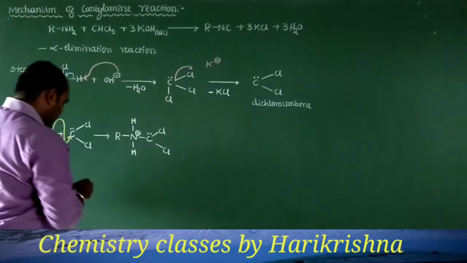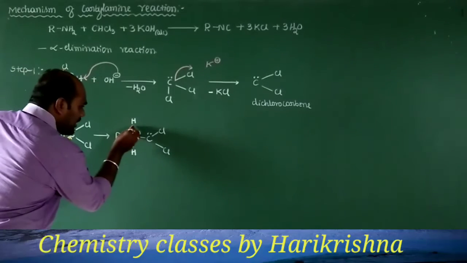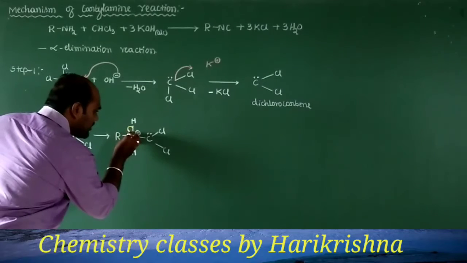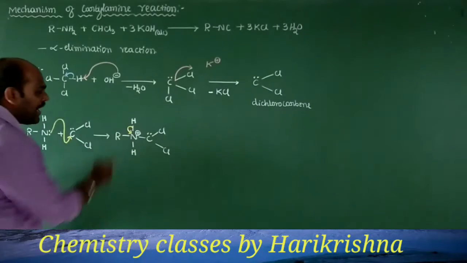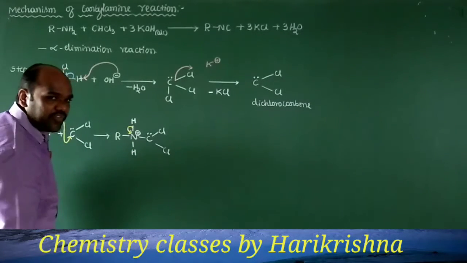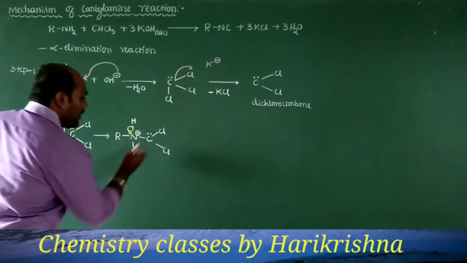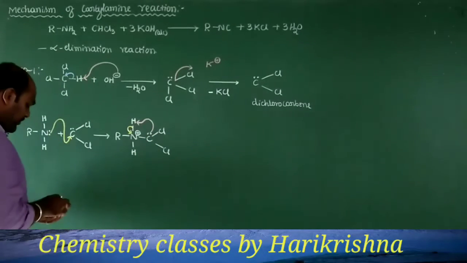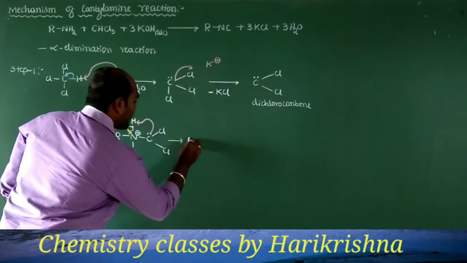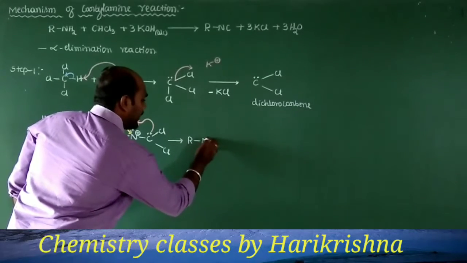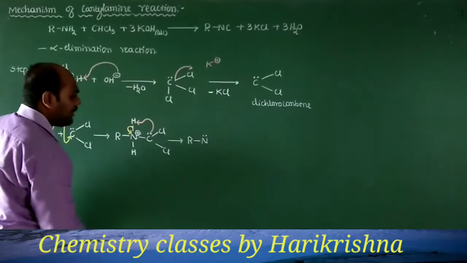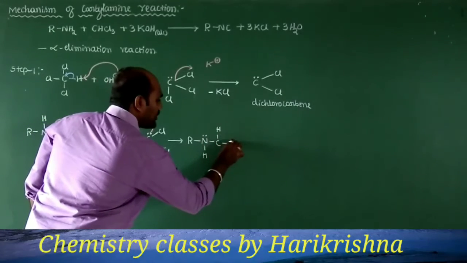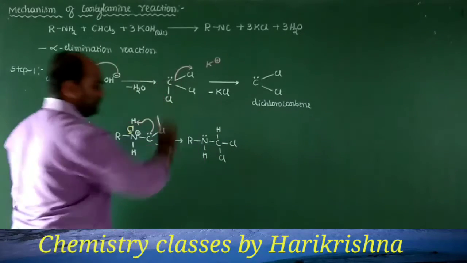So to balance this positive charge, the bond pair of electrons present between nitrogen and hydrogen will shift onto nitrogen, and now this hydrogen lacks electrons, and those electrons will be donated by this carbon atom. So that we get one more reactive intermediate over here, R N. Once again lone pairs have been created on the nitrogen, H, C, H, Cl, Cl.